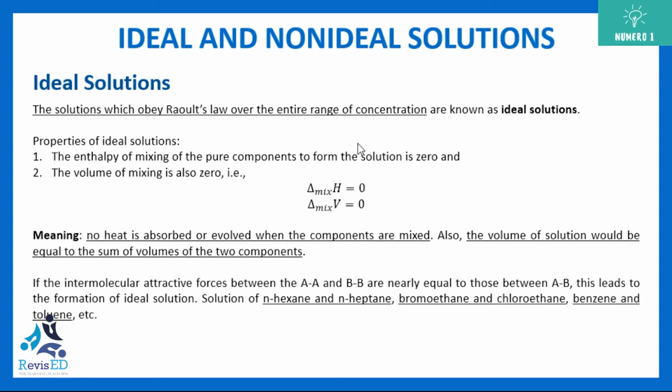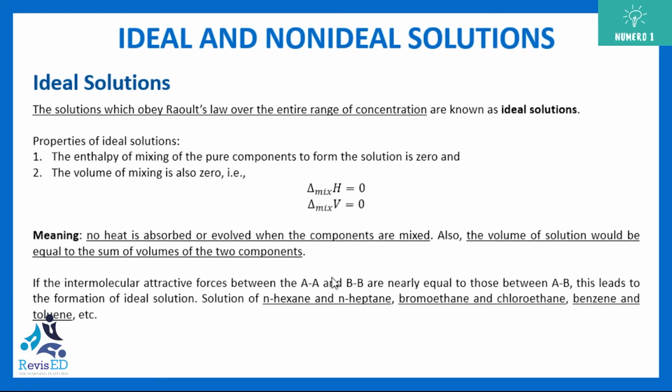So what is an ideal solution? Let's say that you have components A and B which you are mixing. The answer lies in the molecular interactions. A will interact with A, because there is this force. B will interact with B, and A will also interact with B, or you can say B will interact with A, vice versa.